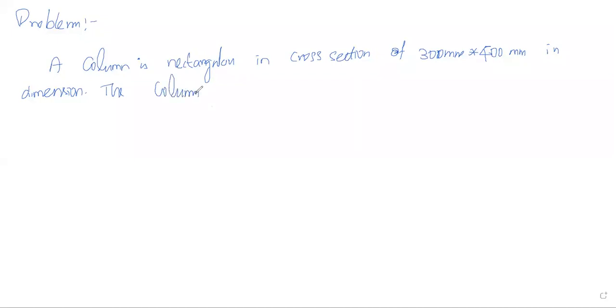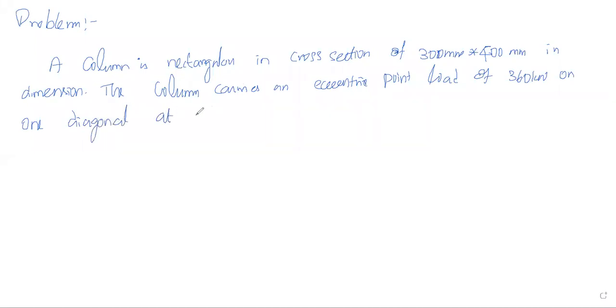The column carries an eccentric point load of 360 kilonewton on one diagonal at a distance of quarter diagonal length from a corner.